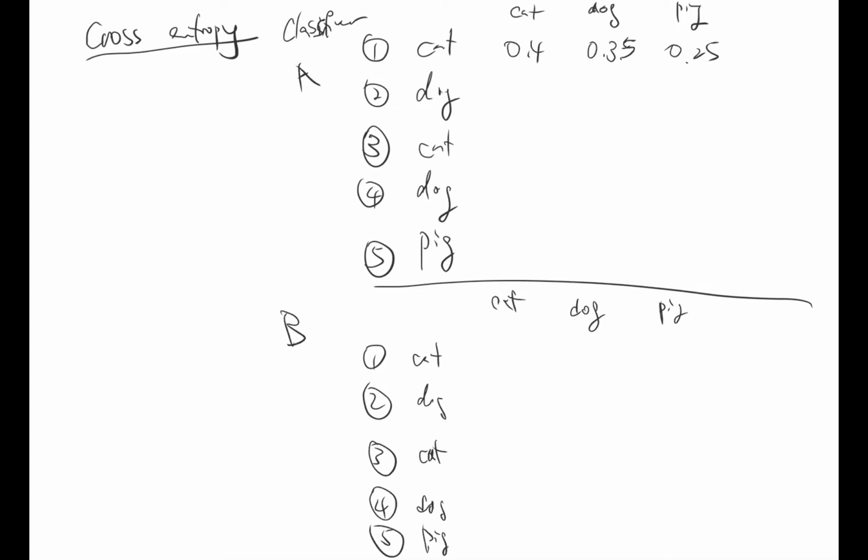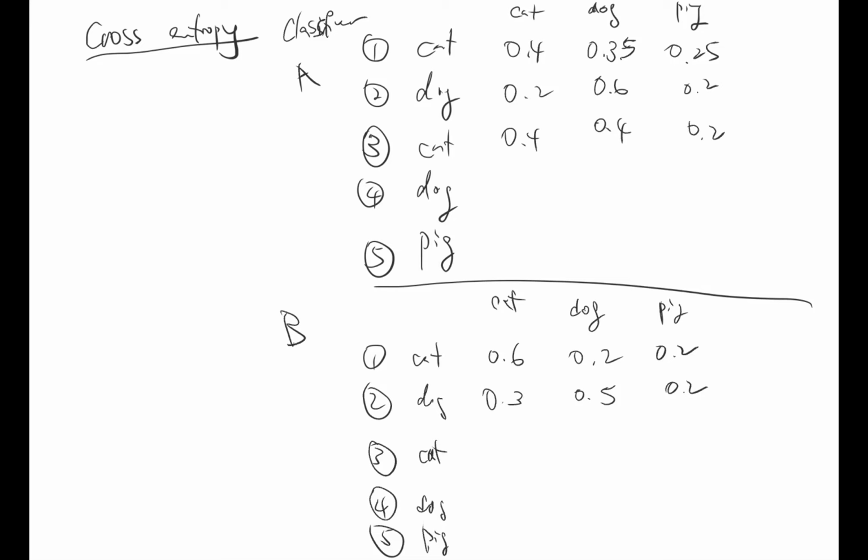And maybe classifier 2 gives 0.6, 0.2. And then for this dog here, 0.2, 0.6, 0.2. For this one, maybe 0.3, 0.5, 0.2. And then for this cat, maybe this is a difficult case, I have 0.4, 0.4, and 0.2 here.